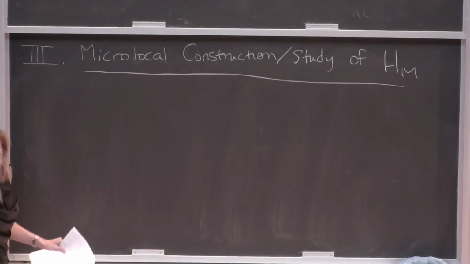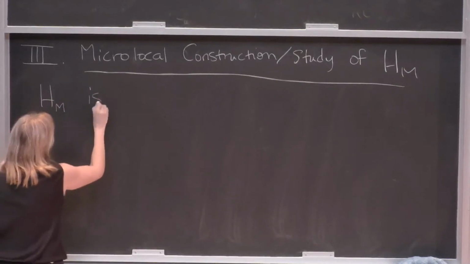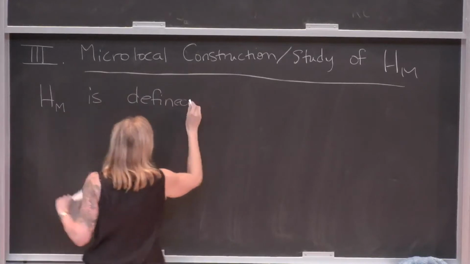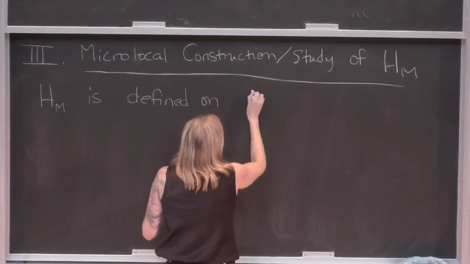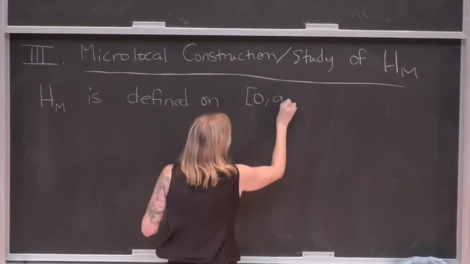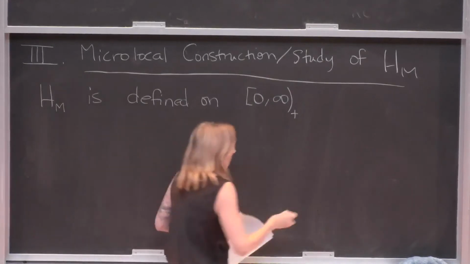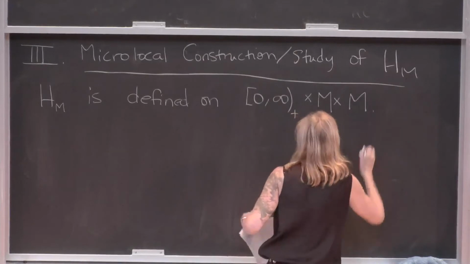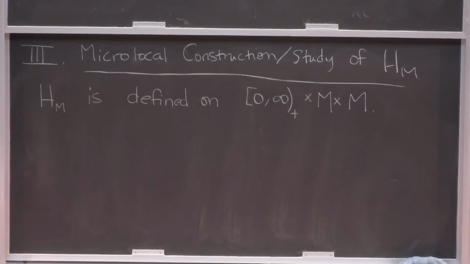Okay, so HM, my heat kernel, is defined, or is a function, initially, on my time variable goes from 0 to infinity, and then my space variables live in 2 copies of my polygonal domain. Okay, this is where it's initially or a priori defined.